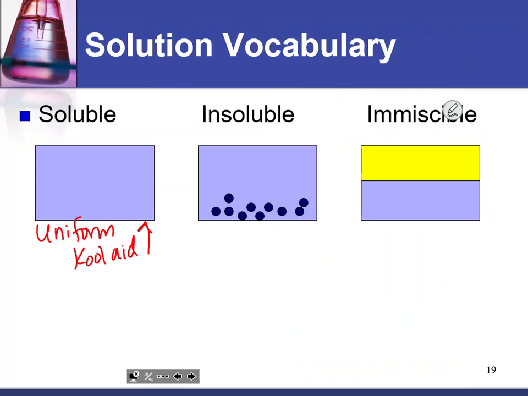One solid uniform color. Insoluble, the solid particles stay at the bottom like the sand. That was an example. Over here for the immiscible, we use the example of the oil layered out over the water, like so. And we end up showing that particular diagram with the layers.